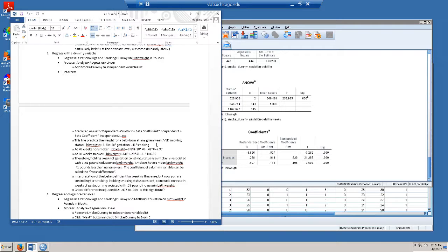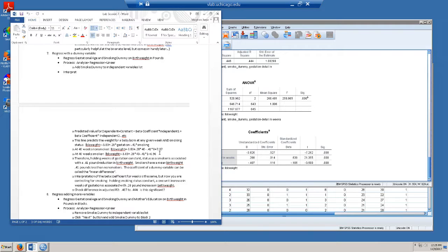And so how we interpret the beta coefficient for a dummy variable is as the mean difference between smokers and non-smokers. Because we have another predictor in there, we have to say that we're holding it constant. So you can see the interpretation there.